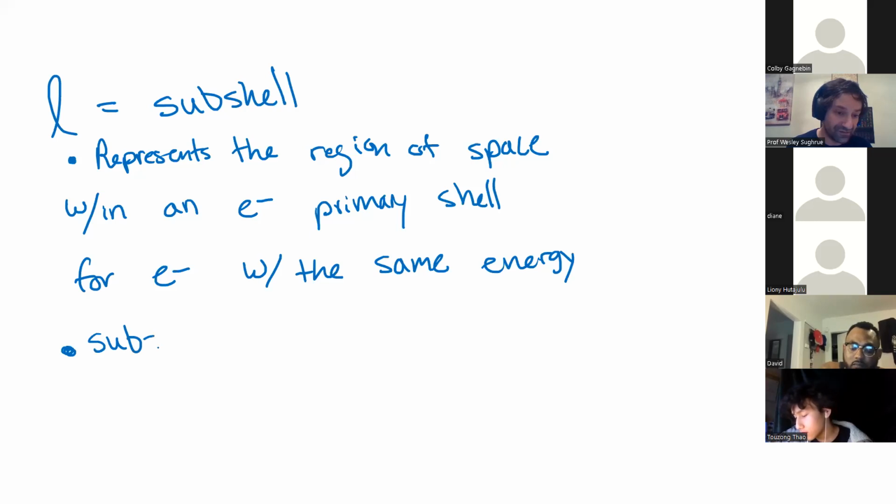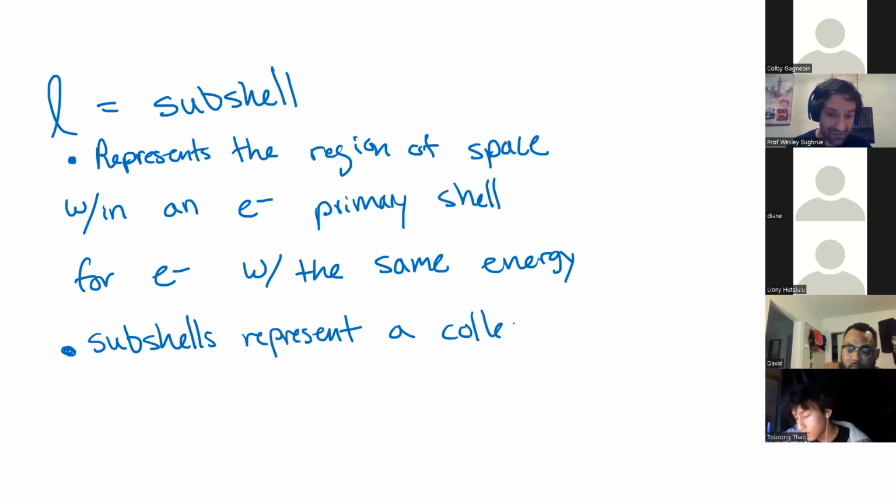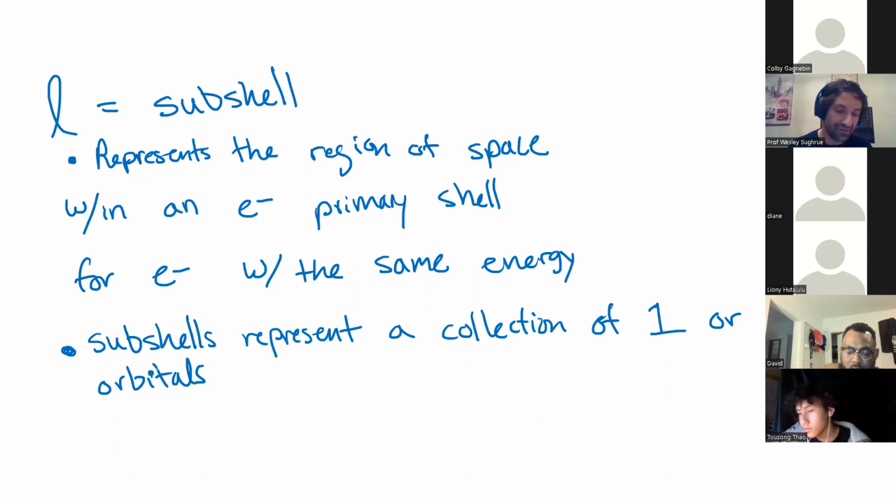The subshells represent a collection of one or more orbitals. So within a subshell, there's a minimum of one orbital, but there can be more than one orbital. And there are very specific rules to this. The quantization breaks down further to where there are incredibly specific rules to this.